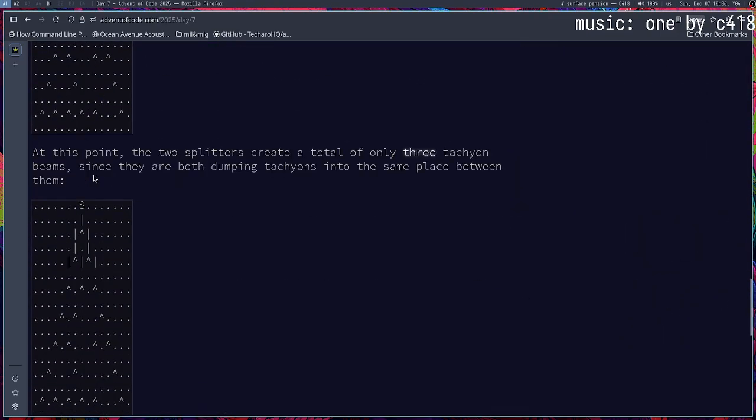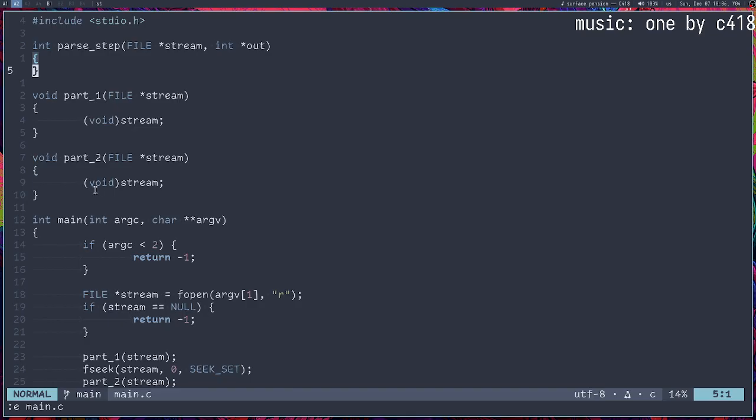I feel like I should just read the input into some kind of large two-dimensional array.